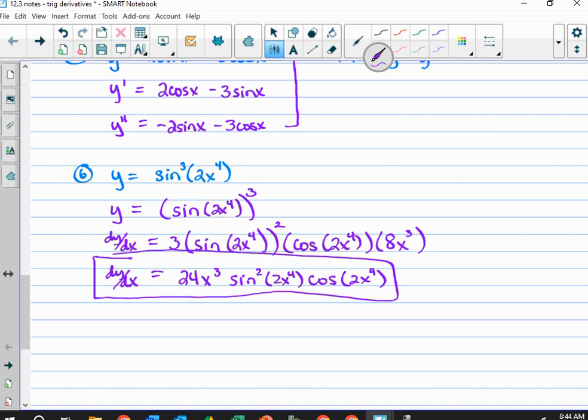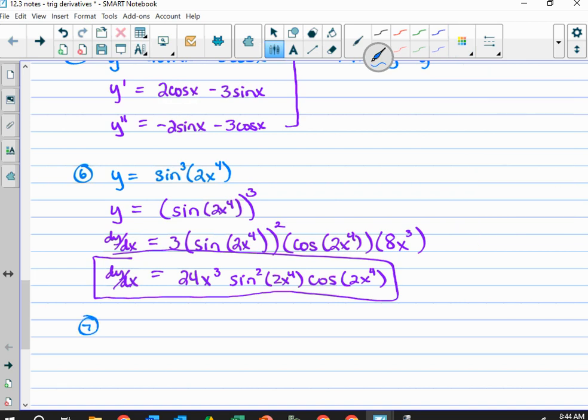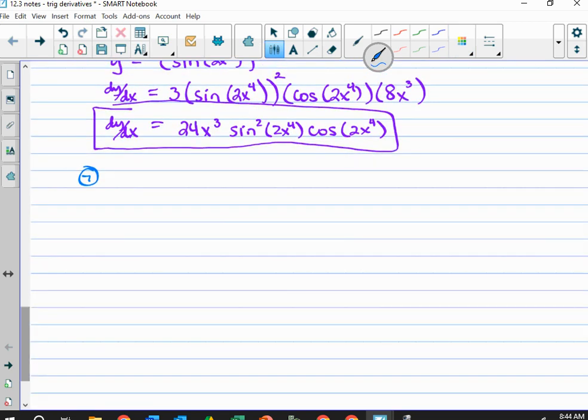All right, guys. One more example. Y equals 4 cosine of x over 6. We are going to find the second derivative this time. Okay? I'll give you a minute to try.